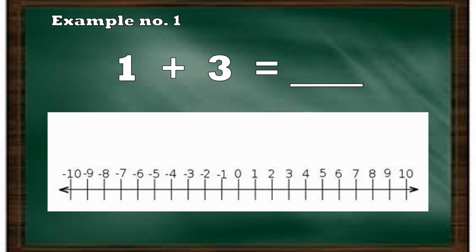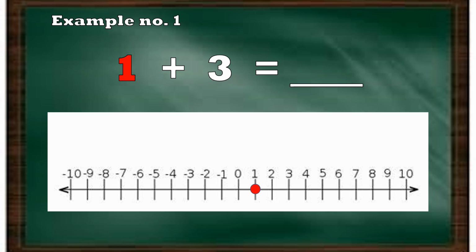First, we will locate the first integer, in this case the 1, in the number line. And in mathematics, if the number does not have a sign, it is considered as positive. So 1 is positive 1. We will mark the positive 1 in the number line.